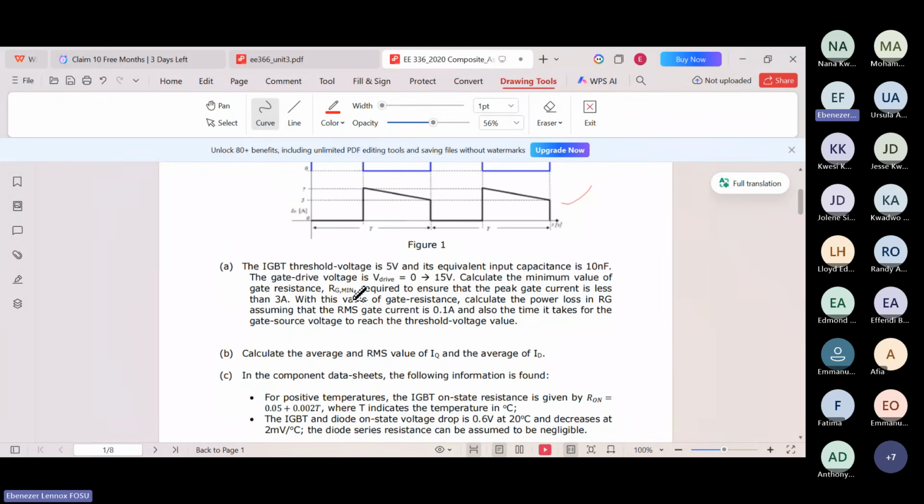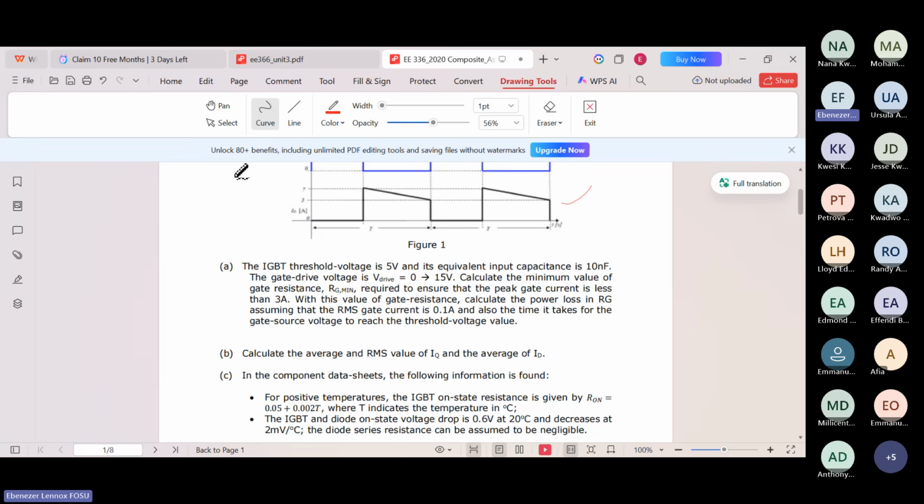The first part of the question says the IGBT threshold voltage and its equivalent input capacitance is 10 nanofarad. The gate drive voltage is from 0 to 15 volts. The first question says we should calculate the minimum value of the gate resistance required to ensure that the peak gate current is less than 3 amps.